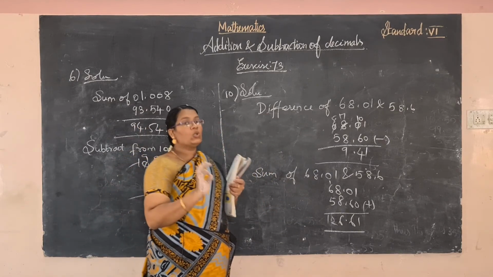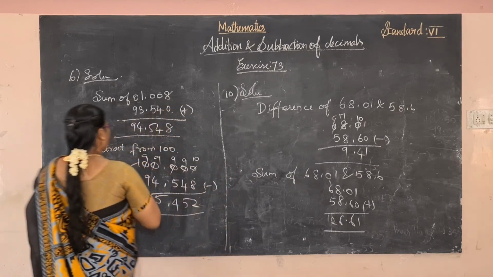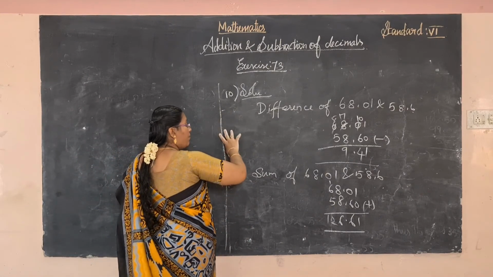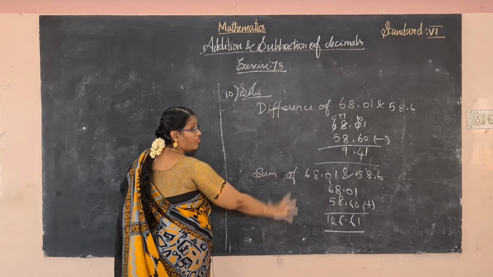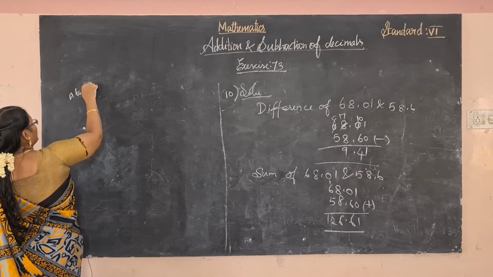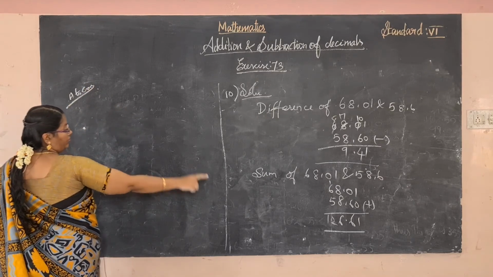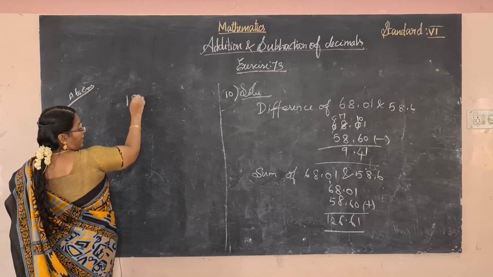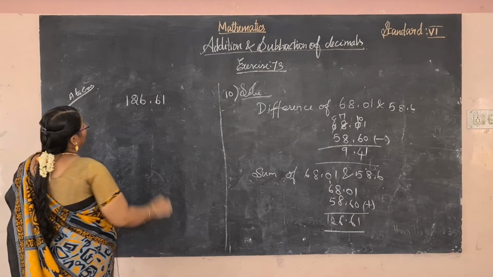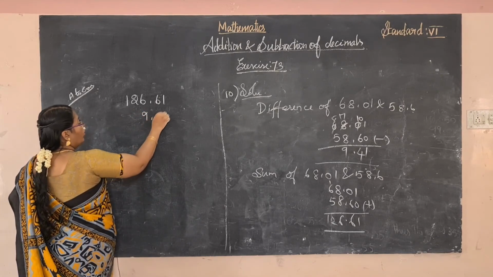Well, read the question first. Okay. Read well and then calculate. Now subtract what is given in the statement: subtract the difference from the sum of the values. Okay. According to the condition, subtract from this one, is it? So 126.61. Okay. To which one? 9.41.